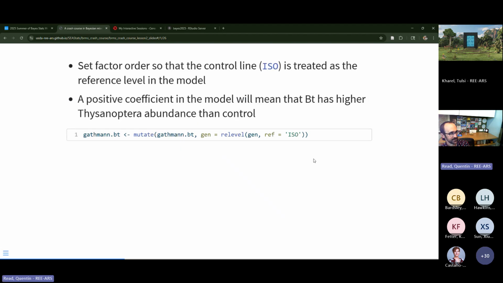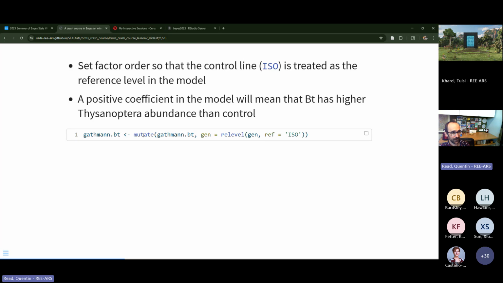I just wanted to do a step here to set the factor level ordering so that the control line, which is called ISO for isogenic, is treated as the reference level in the model. That way, if we get a positive coefficient in the model, it means Bt has higher abundance, and negative would mean control is better.